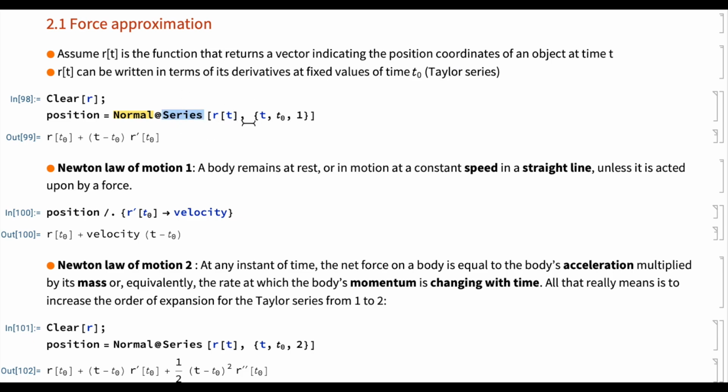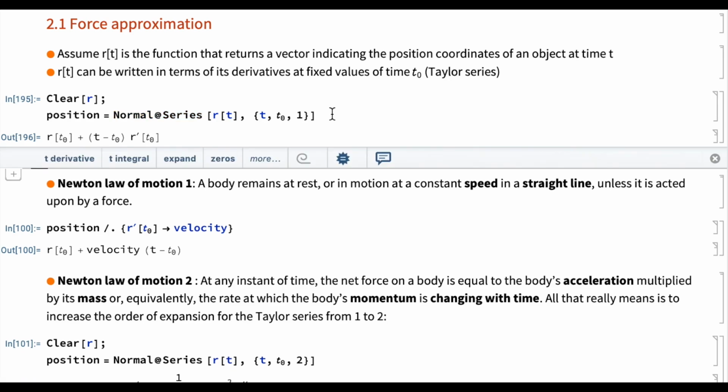Without initialization for R(t), just clear R and make sure there's nothing in t0. We use a funky font for t0 so you can distinguish it from the t. And you run it. I'm going to run it here so we can play together. Here we are.